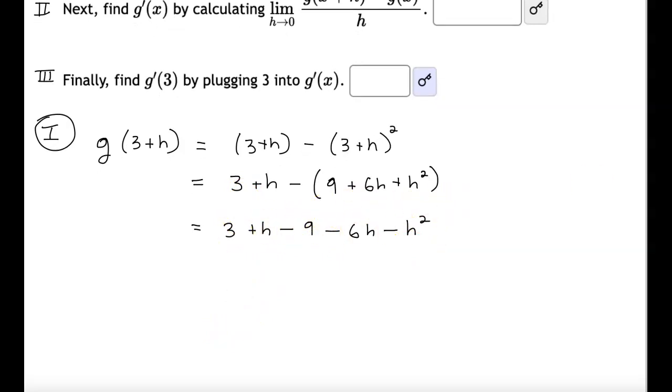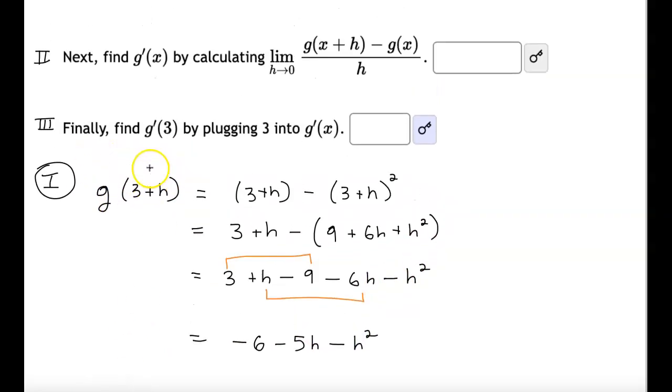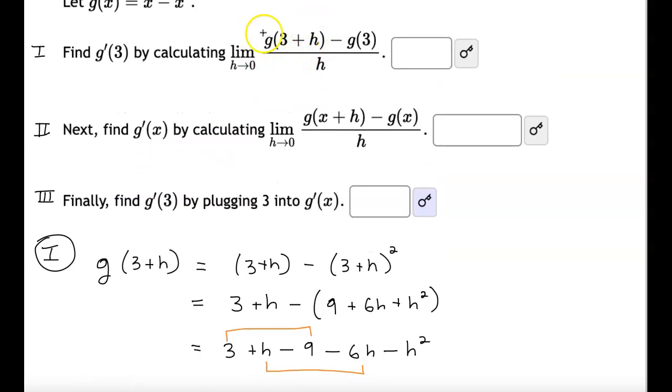The only like terms I can combine are the constant terms, 3 minus 9 gives us a negative 6, and h minus 6h would be negative 5h. And then we still have this minus h squared at the end of it, okay? So that's g of 3 plus h. That's this part, so all we did was this part here.